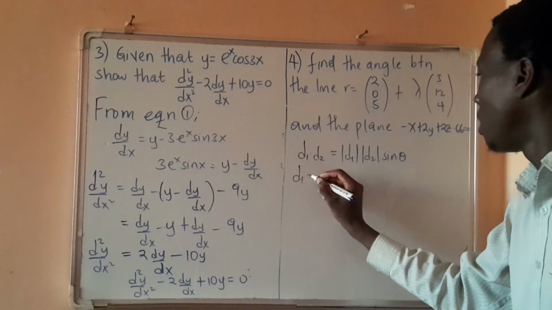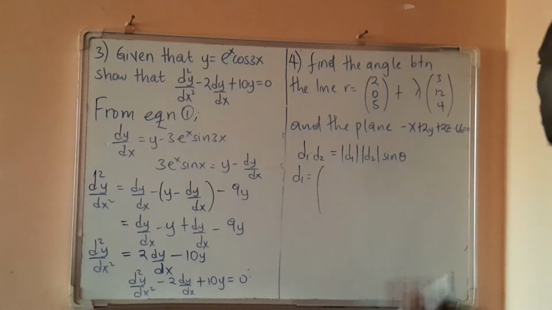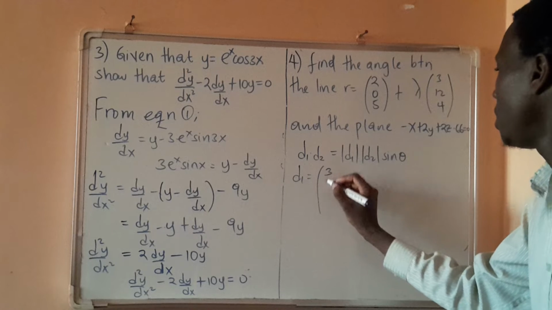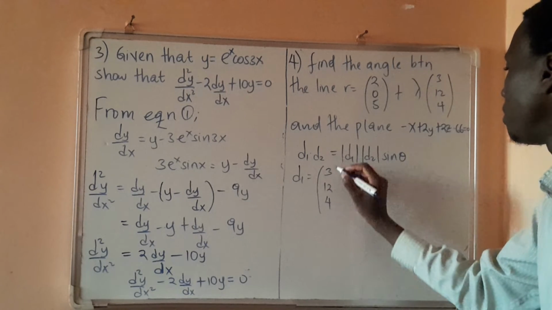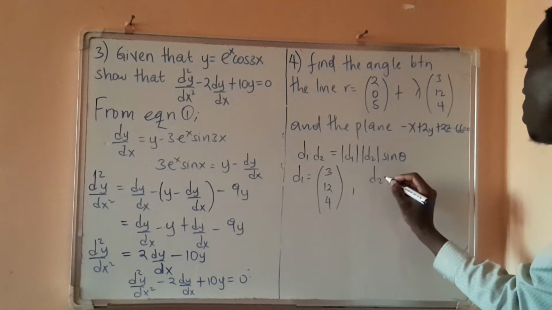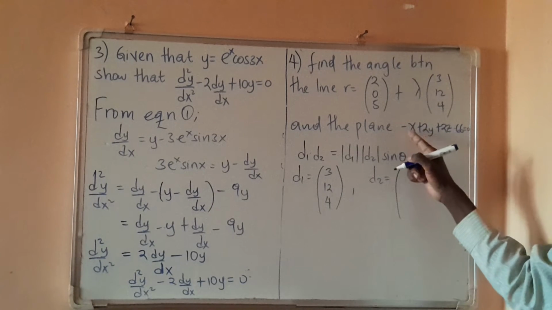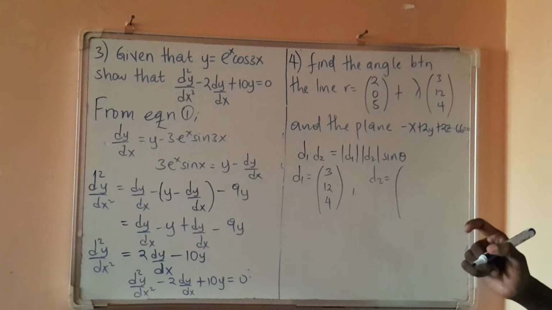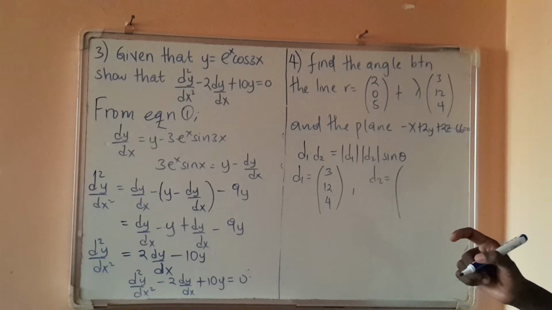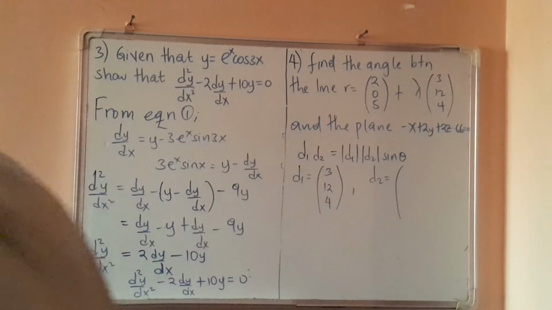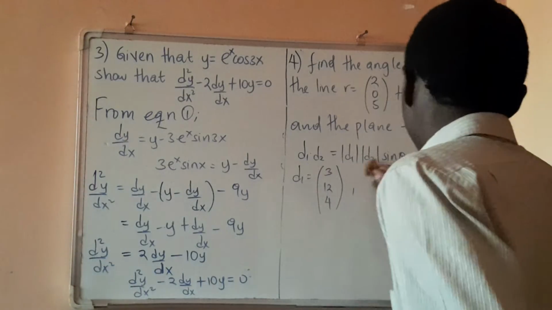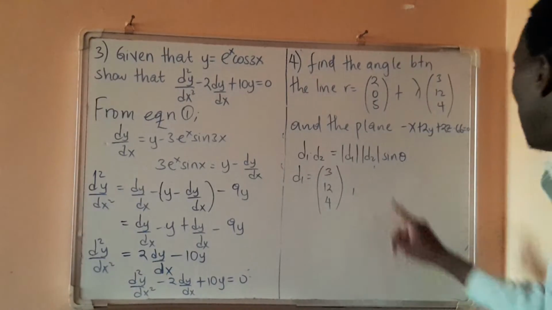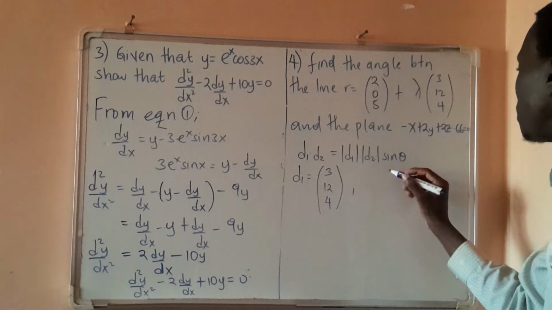So D1 is actually the directional vector from the line, which is 3, 12, 4. And D2 is a directional vector from this plane. I don't know which method you prefer, but you can first express this plane in this form.